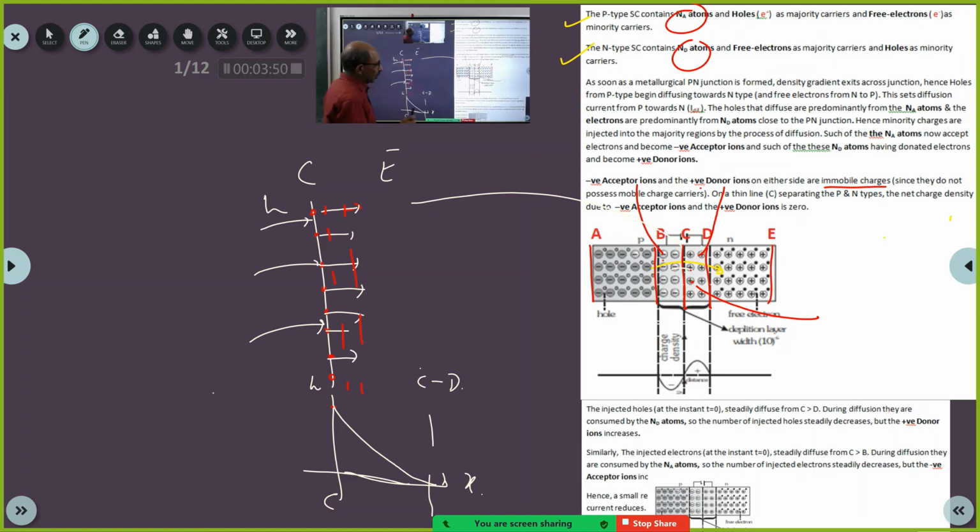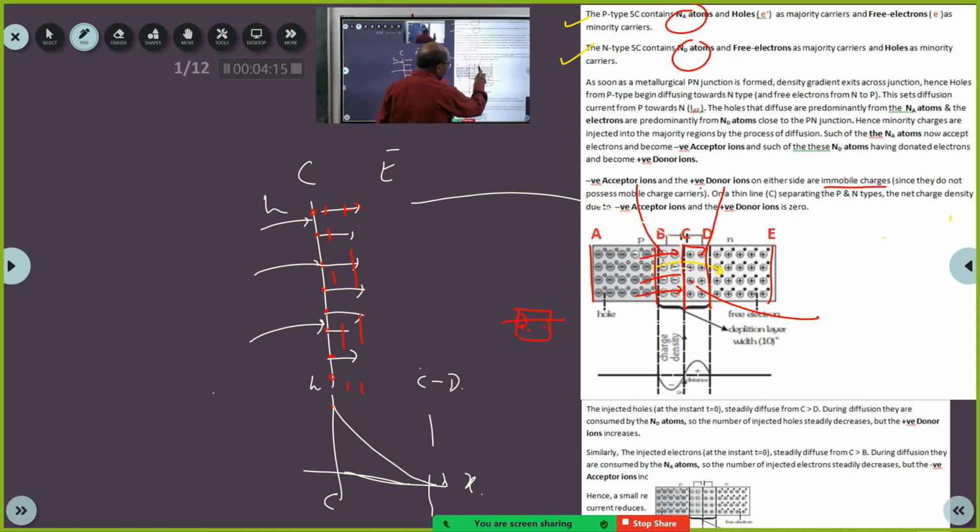Yes, sir. Now, if a further batch of holes tries to penetrate, they cannot penetrate. The first reason is that for the charges to move, there has to be a conductor, or there have to be atoms here which will help the charges to move, or there should be free charges available.